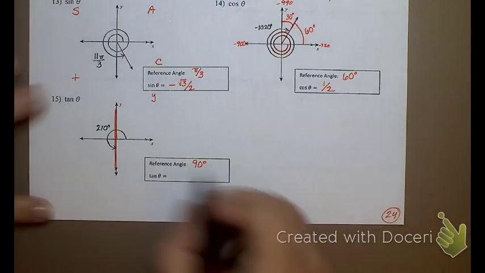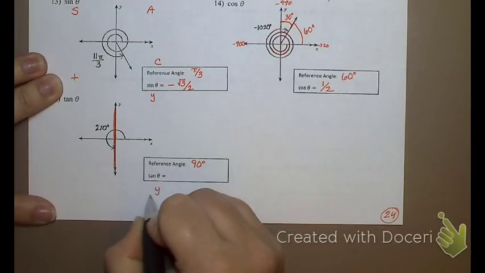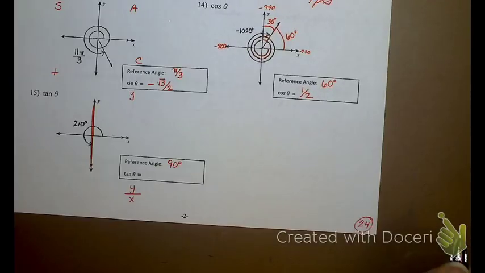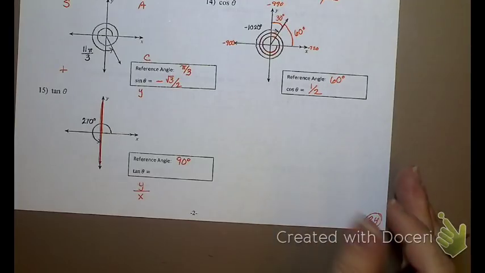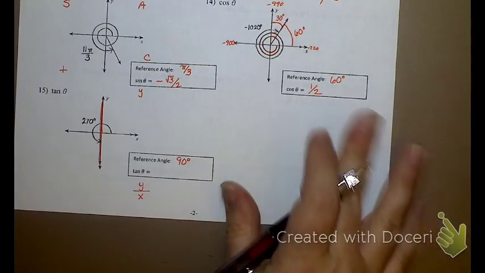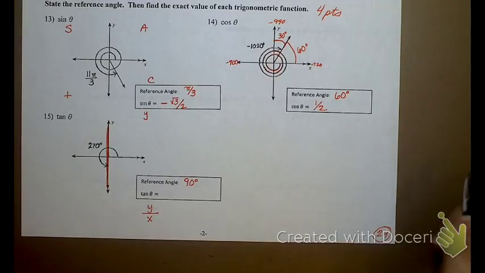Okay? So, tangent, I know, is sine over cosine, or y over x. So I'm going to go to 90 degrees. Actually, let me step back for a minute. Is tangent going to be positive or negative? Kind of tricky because it's not in a quadrant, so that was kind of a mean question.